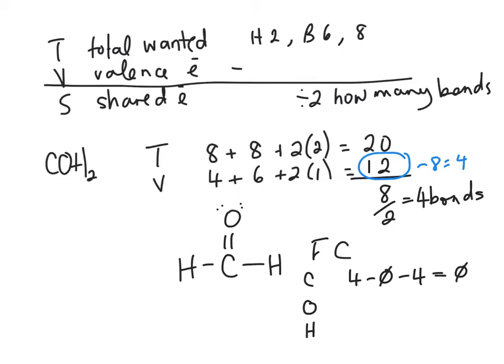Oxygen, we have 6 valence electrons, 4 electrons in 2 lone pairs, 2 bonds, 0. And hydrogen. Hydrogen brings 1, has no electrons in lone pairs, 1 bond, 0. So this is an awesome structure. It must be correct. Our formal charges are 0.